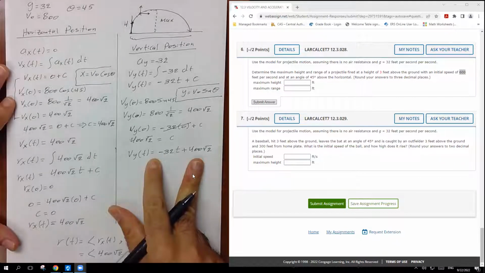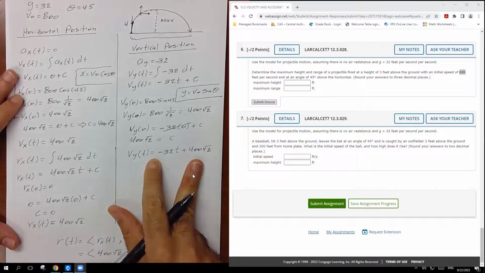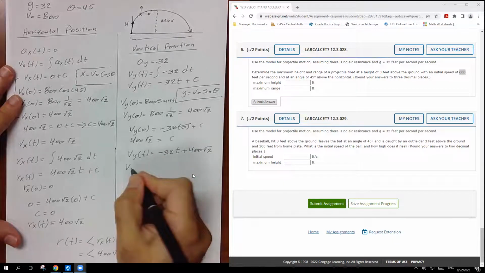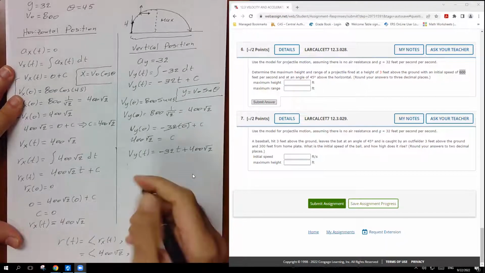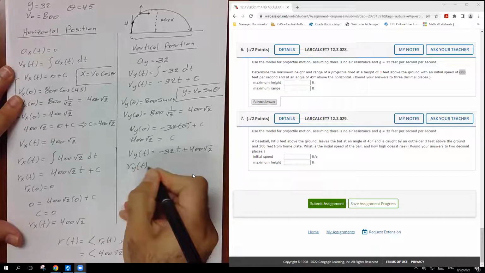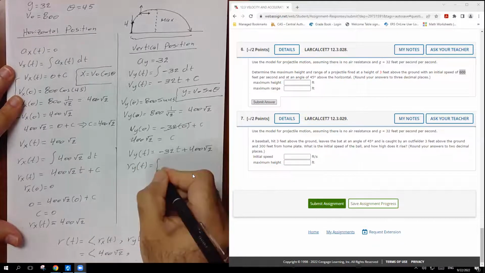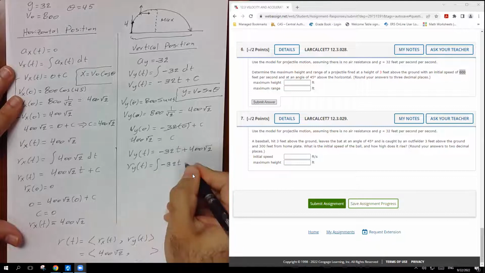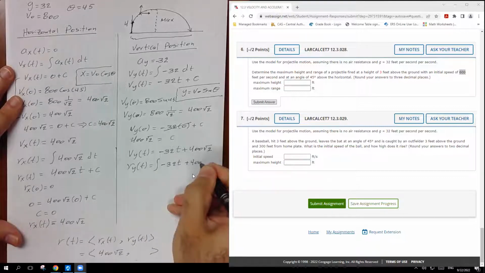I need to find the position vector with respect to t, so I'm going to take the integral. r sub y with respect to t is going to equal the integral of negative 32t plus 400 square root of 2.